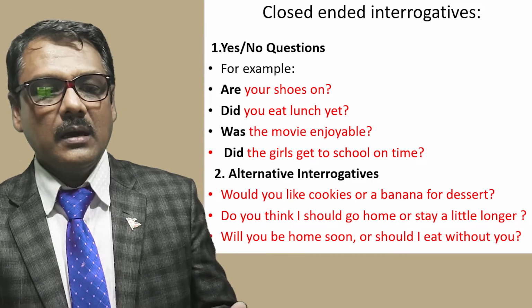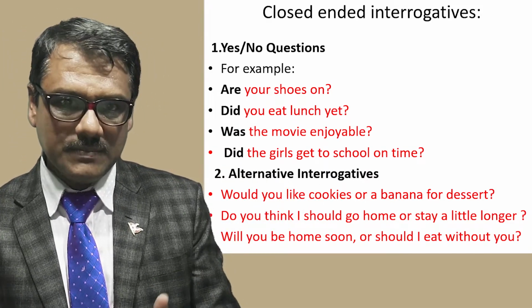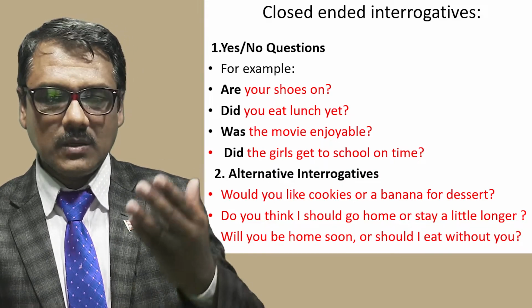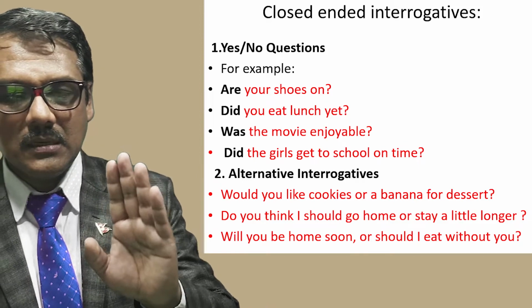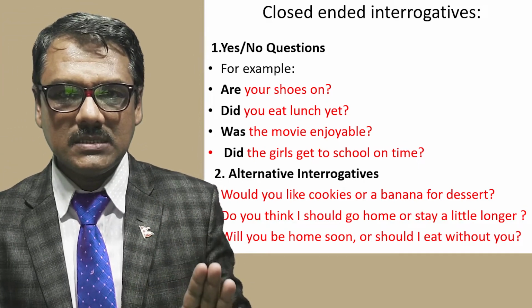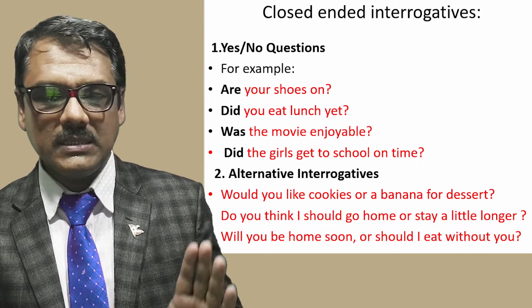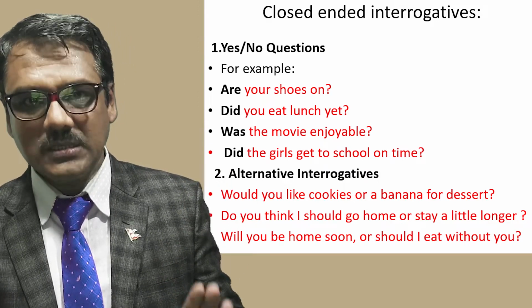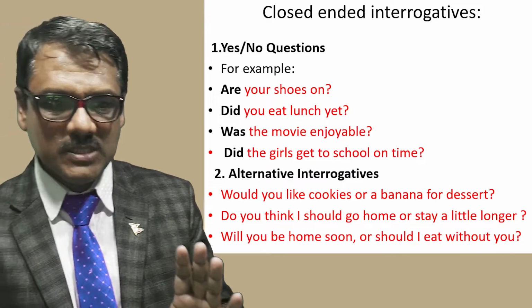Okay, the alternative interrogatives. There are other types of interrogatives. Closed-ended interrogative sentences are of two types, that are yes/no questions and alternative questions, alternative interrogatives. Okay, let us discuss them too.